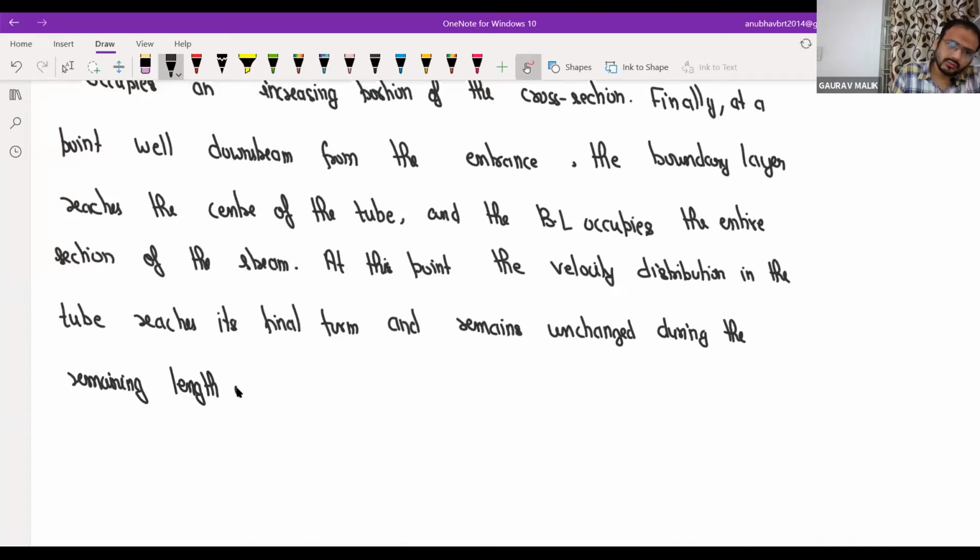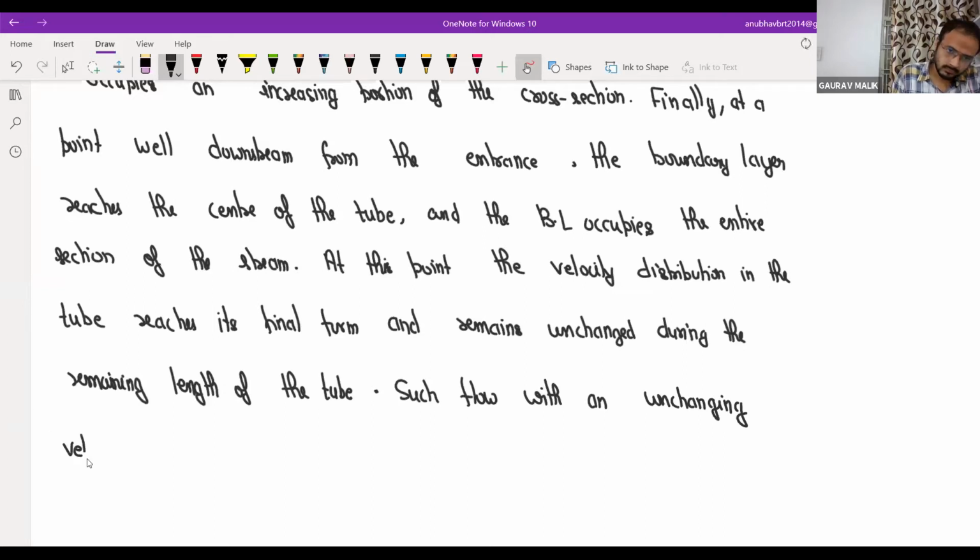Such flow with an unchanging velocity distribution is called fully developed flow.